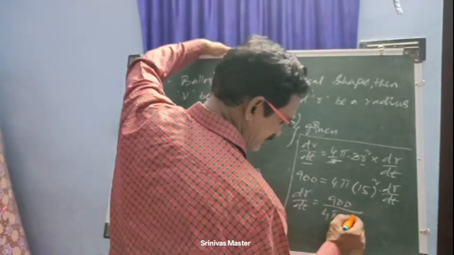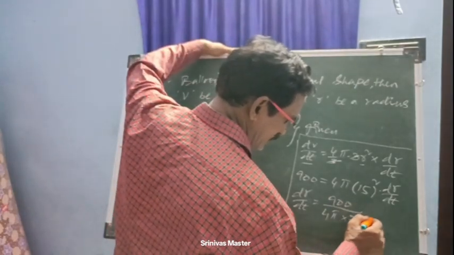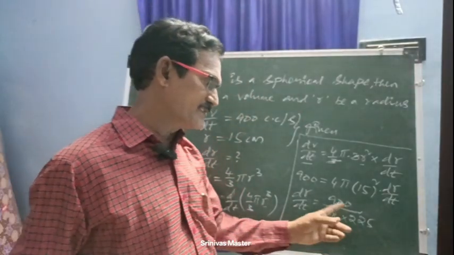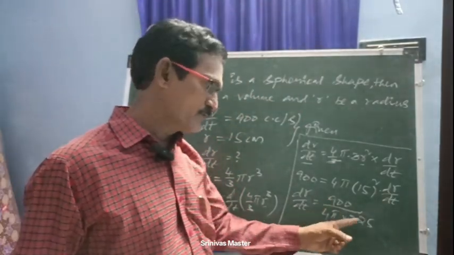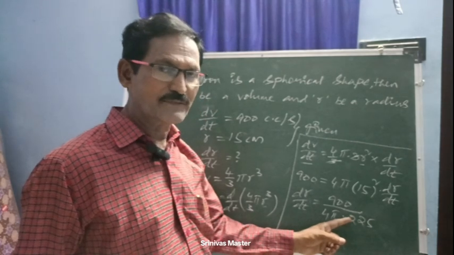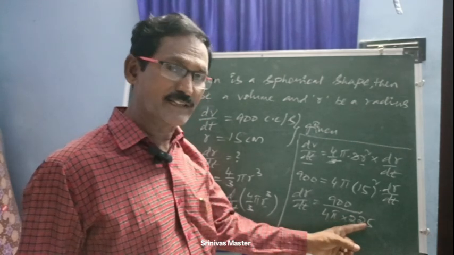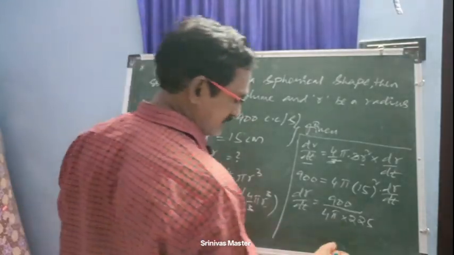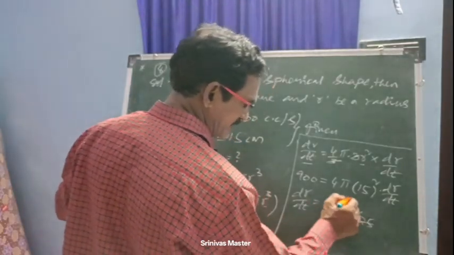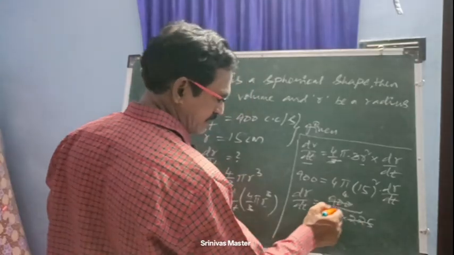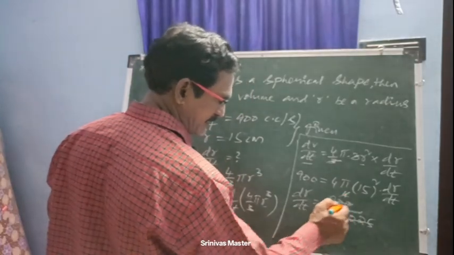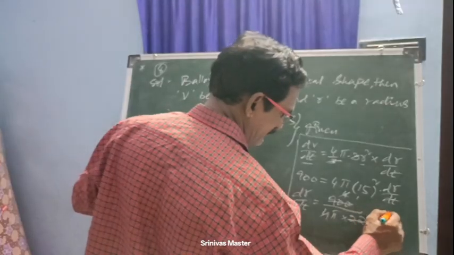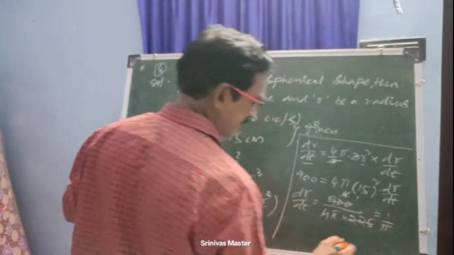So in place of 15 square we can write 225. Actually 4 times 225 is 900, children, because 4 times 200 is 800, and 4 times 25 is 100. 800 plus 100 is 900, no? So 4 goes in this 900, and this 4 cancels one time. What is remaining now? Only 1 by pi.